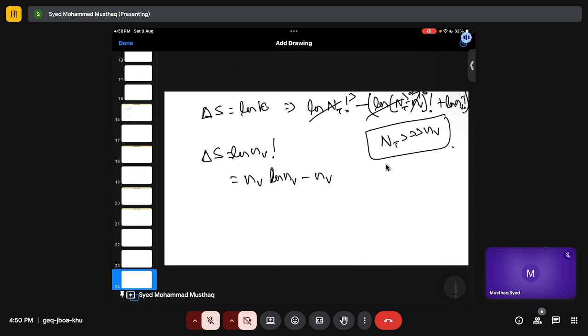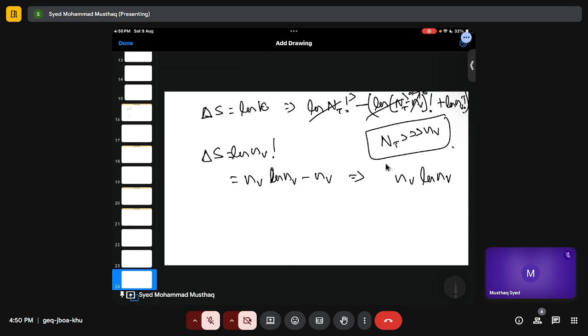So this is the Stirling approximation, and this can again be written as NV ln NV.